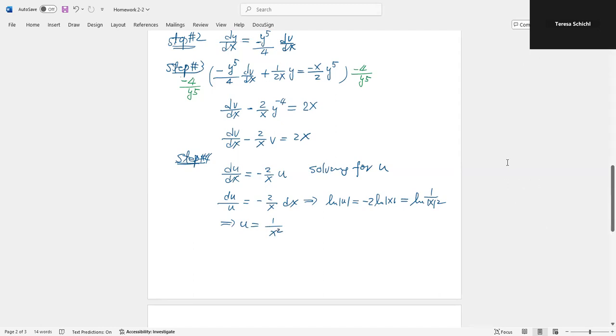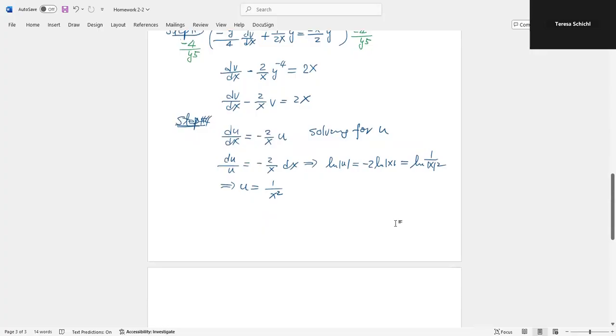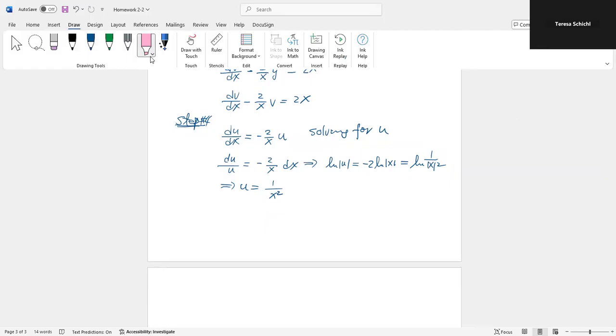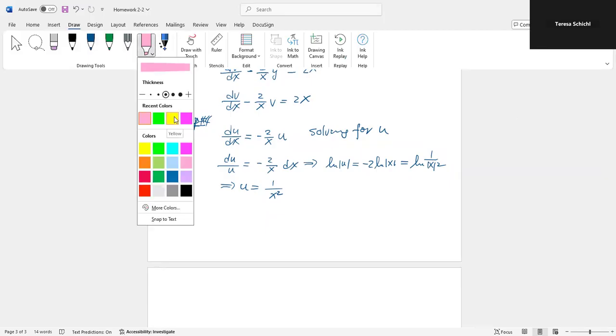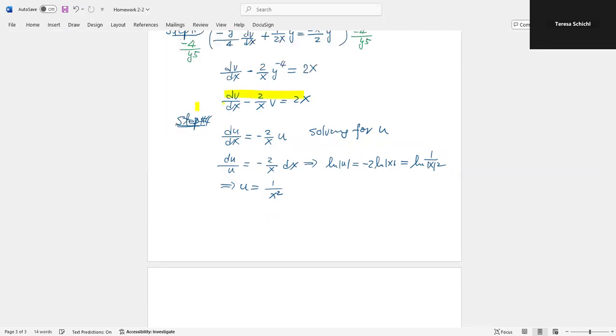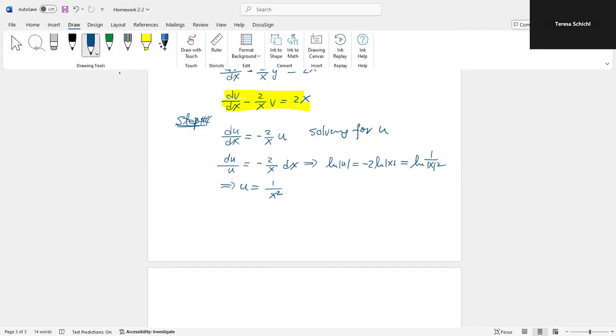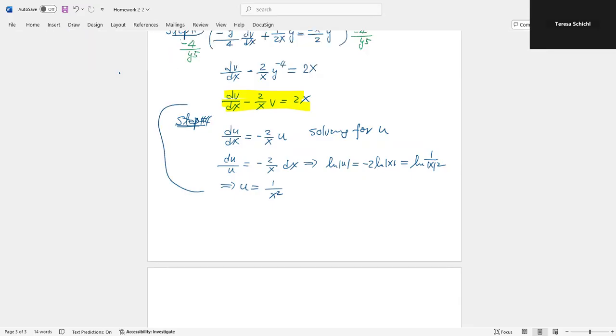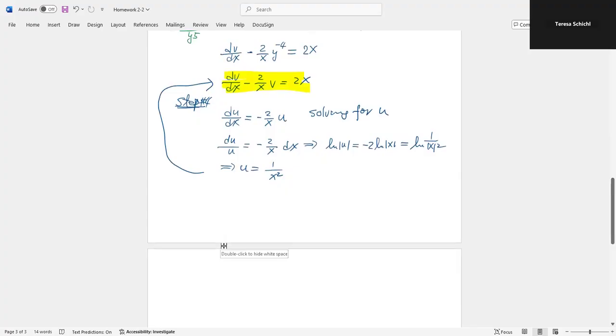Okay, so after that, the next important equation is here. After I find the integration factor, I need to multiply the integration factor to these equations here. So let's see here. I will have u equal to 1 over x squared, right?